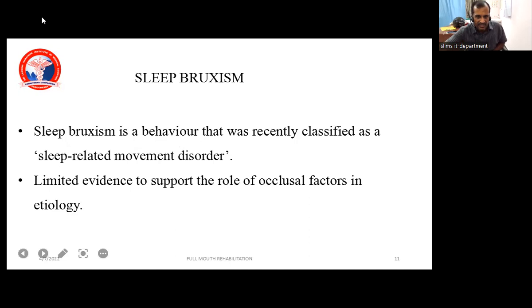And the next, sleep bruxism, has recently been classified as a sleep-related movement disorder. There is very little evidence to support the role of occlusal factors in the etiology of sleep bruxism. Okay, very limited evidence.